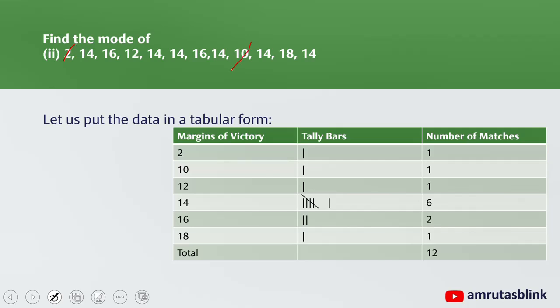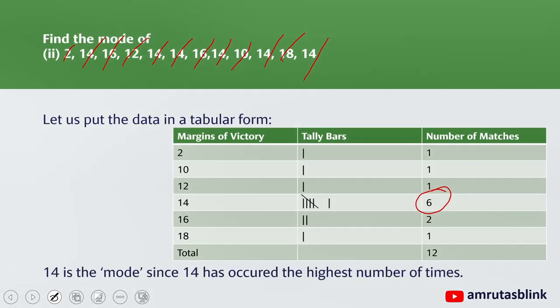Then we have 12, again only one time. 14: 1, 2, 3, 4, 5 and 6, so 6 times. Then we have 16: 1 and 2, so 16 has occurred 2 times. And then 18 has occurred 1 time. So the maximum number of matches is 6. So 14 is the mode, since 14 has occurred the highest number of times.